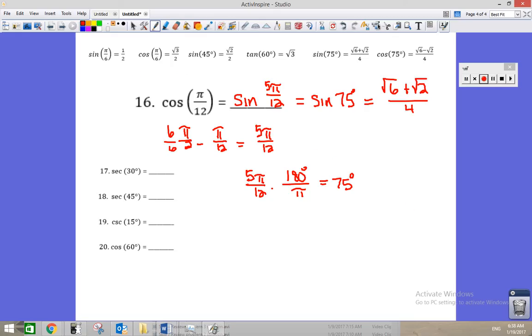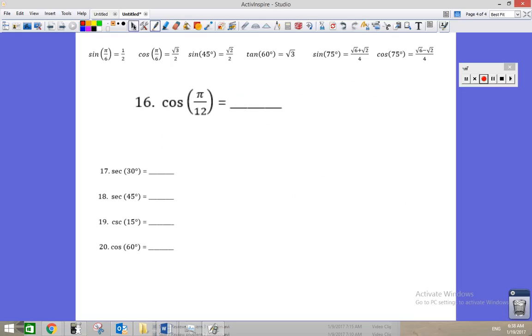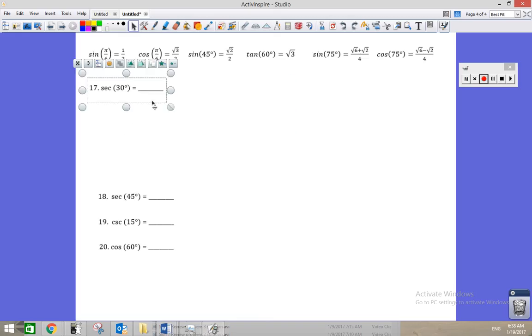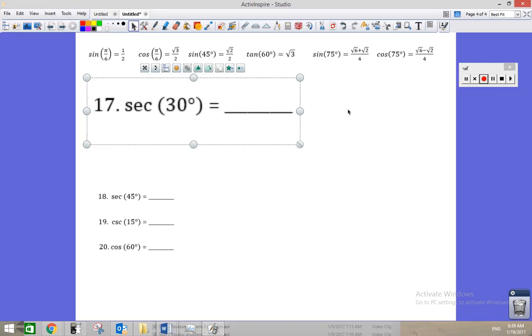All right. So let's do secant of 30 degrees. I look through here, they don't give me the secant of 30 degrees. Do they give me the secant of pi over 6? I don't see any secants or cosecants here.